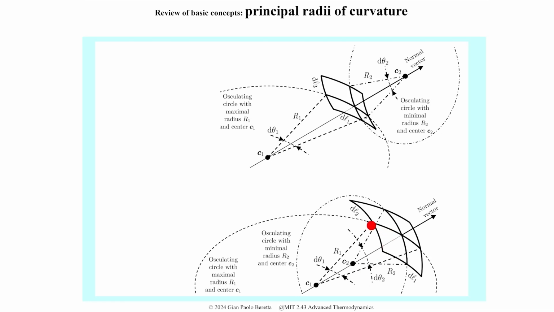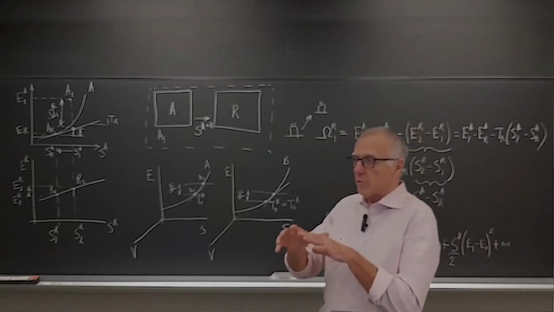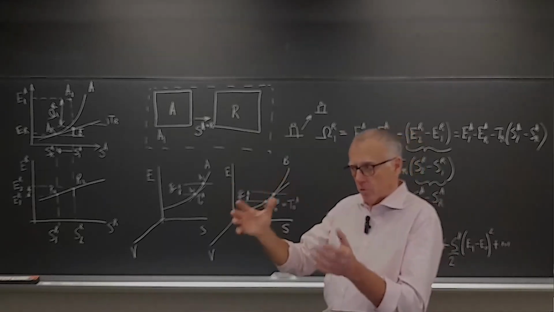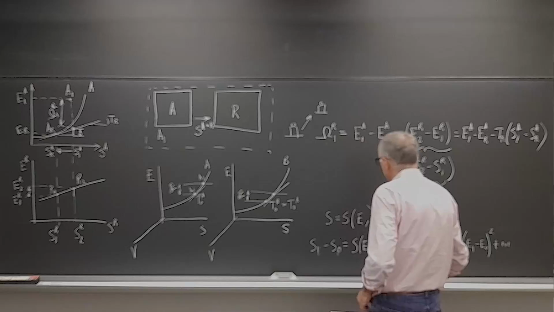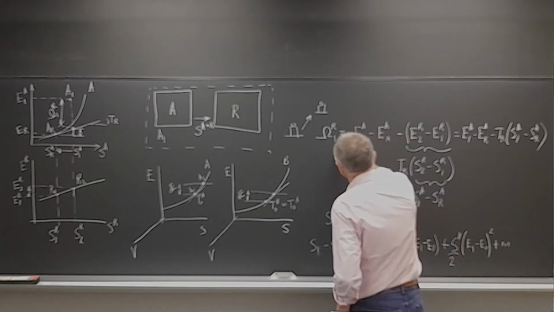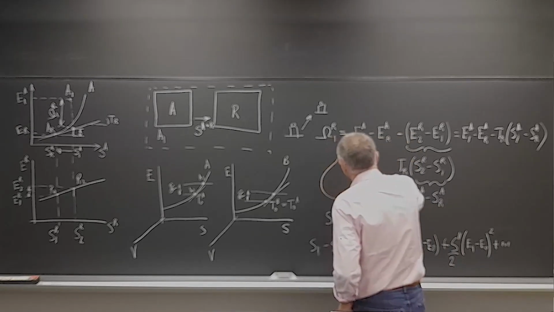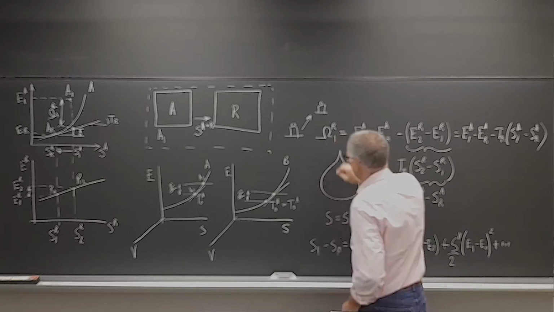But you see, this is a local picture. If you have a drop of arbitrary shape, like, for example, when you have a drop of water in a gravity field, this is the shape.